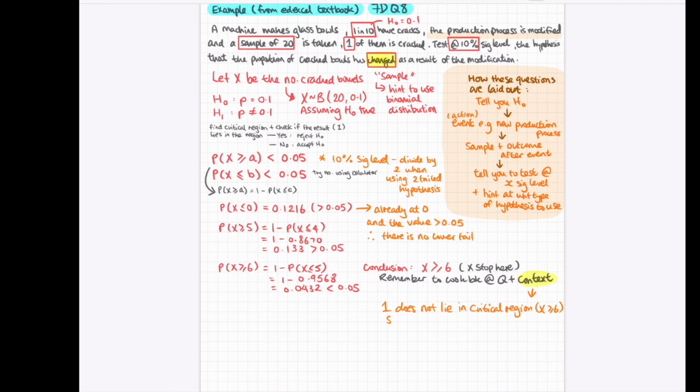So there is insufficient evidence to reject H0.